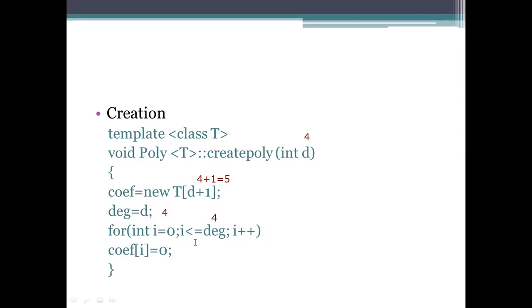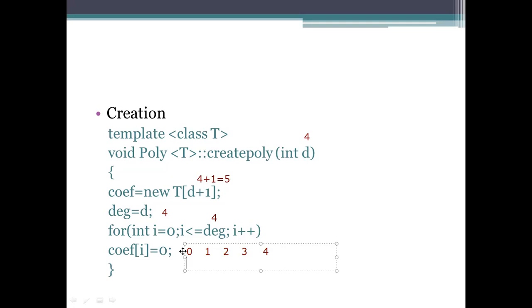We need to initialize the values. How many values are there? There are 5 such values: 0, 1, 2, 3, 4. Sorry, 4. That's all.